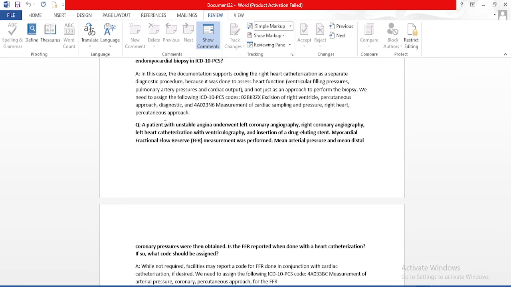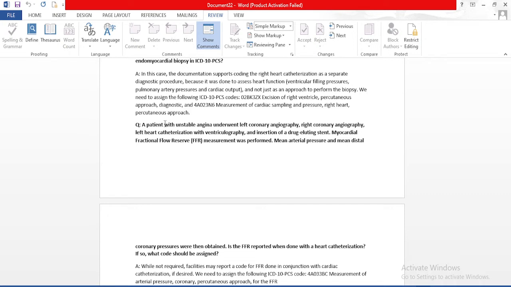In this case, the documentation supports coding the right heart catheterization as a separate diagnostic procedure because it was done to assess heart function, like what we check using cardiac cath: ventricular filling pressures, pulmonary artery pressures, and cardiac output, and not just as an approach to perform the biopsy.